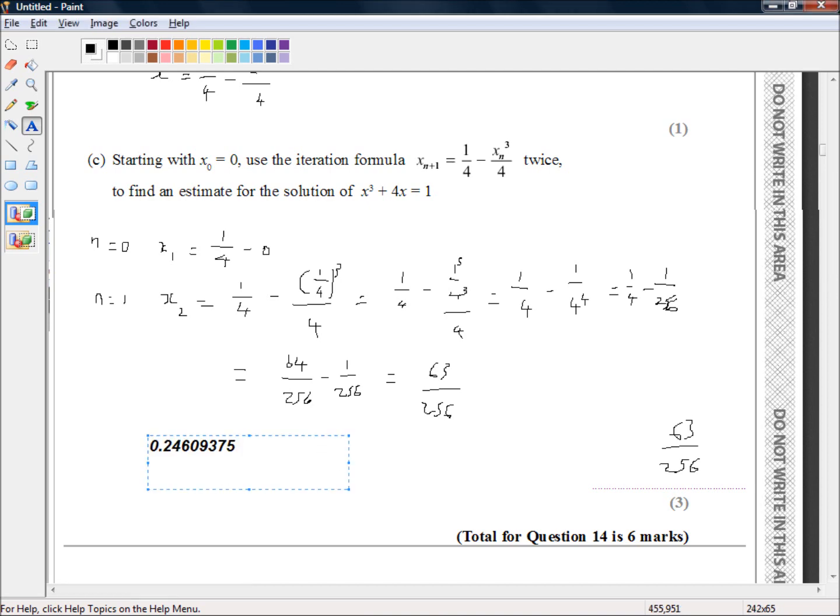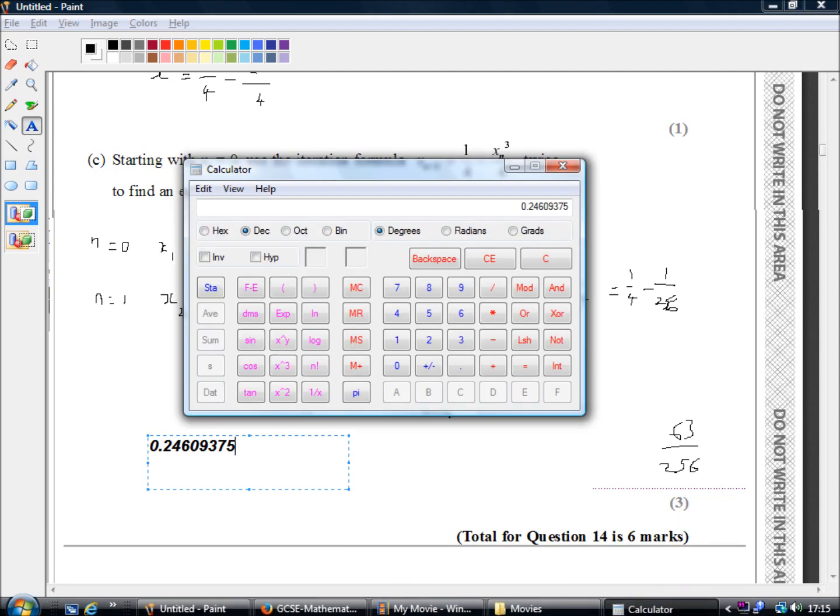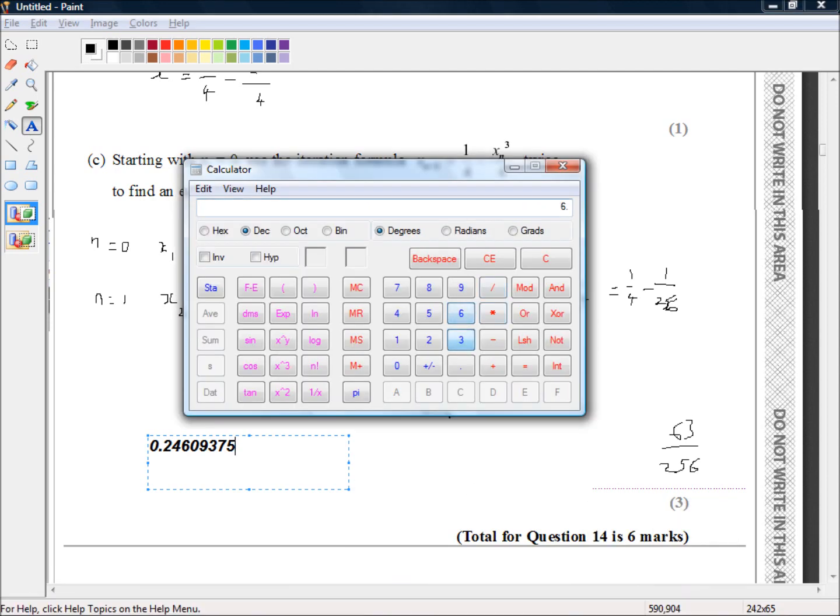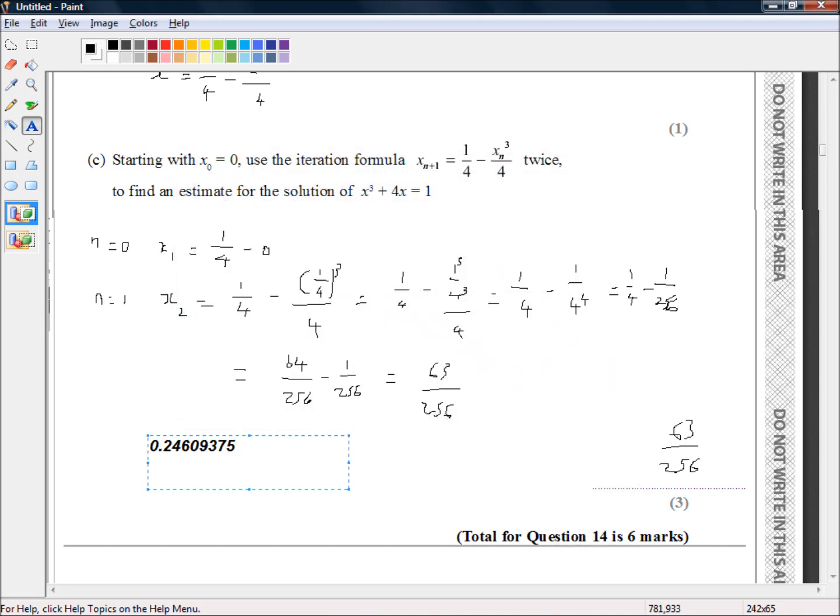So that's the number we're looking for, and just to check that we've got the right answer, let's just do 63 divided by 256. And that's equal to 0.24609375. So it doesn't matter if you use a calculator or if you did it in your head. Either way, so long as you can get there quickly and accurately, then you can get your nice 6 marks.